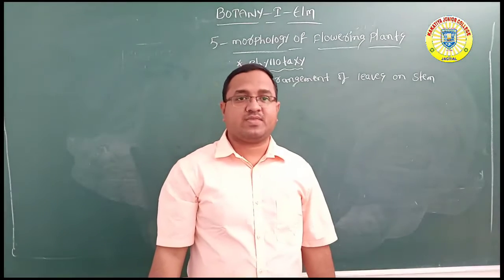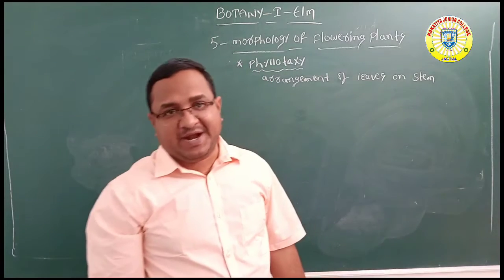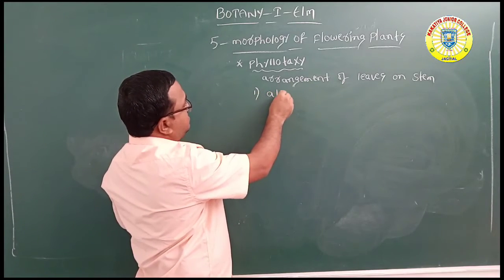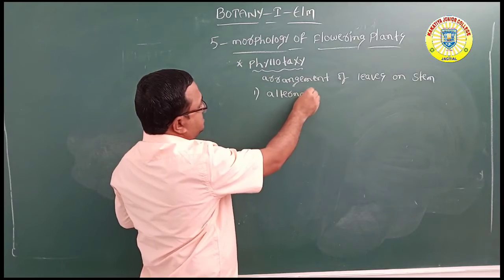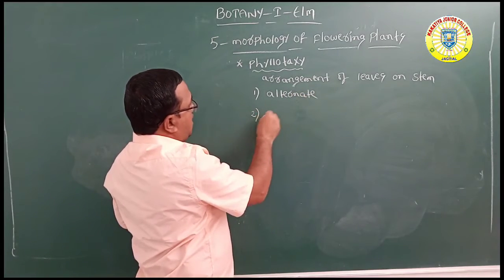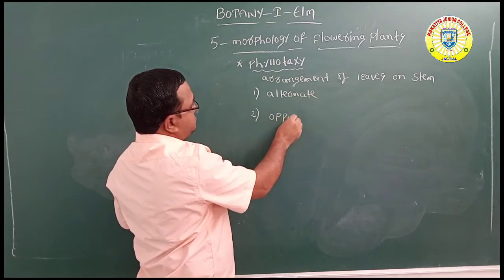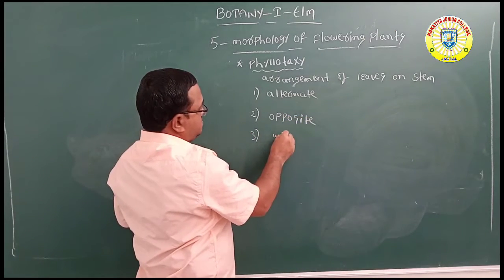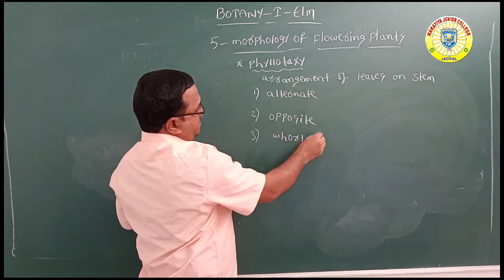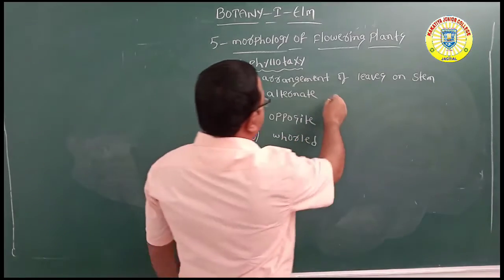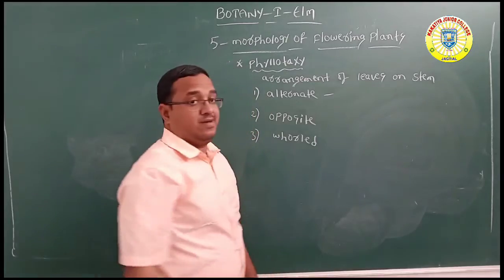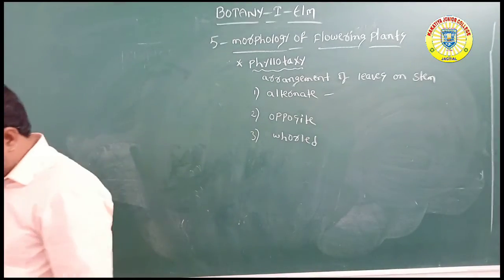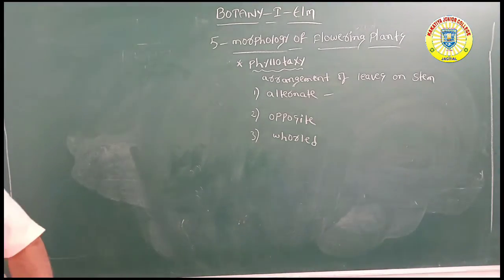Here you can see phyllotaxy is mainly of three types. One is alternate, the second is opposite, and the third is whorled.